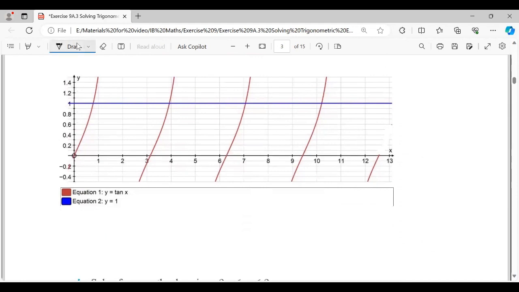This one, this is tangent. Tangent x equals 1. If tangent x equals 1, it means cosine x and sine x have the same value.